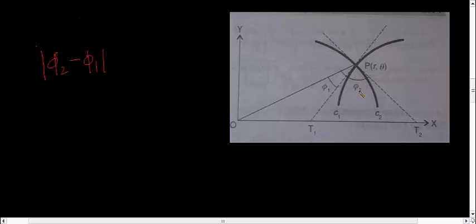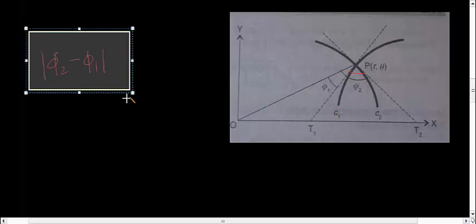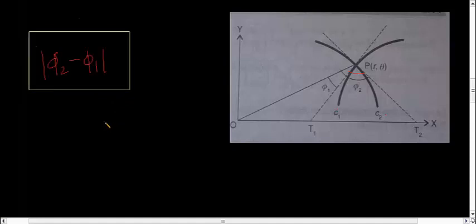So phi 2 is actually the angle between the radius vector and the tangent T2, and phi 1 is angle between the radius vector and tangent T1. When I subtract phi 1 from phi 2, that gives me the angle between these two tangents. That is nothing but angle between curve C1 and C2. So it is given by phi 2 minus phi 1 or phi 1 minus phi 2.